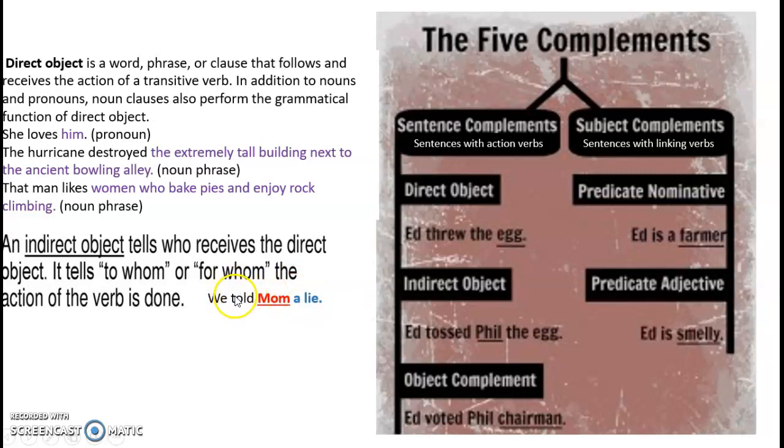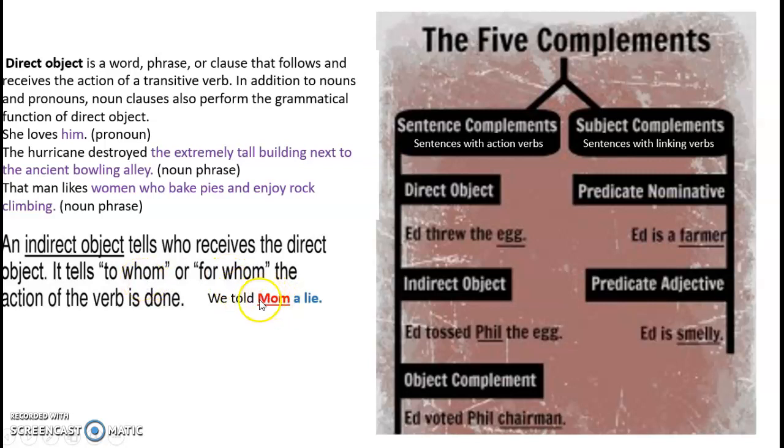The action is told. What is the word that is directly connected with the verb told? It's lie, because you told a lie. You don't tell mom; you have to tell what you told. So you told a lie. What? A lie. And then for whom or to whom? Mom.